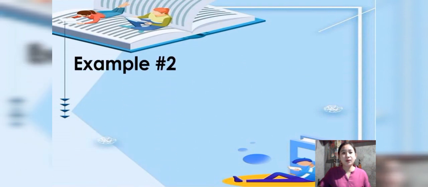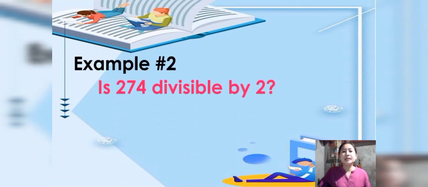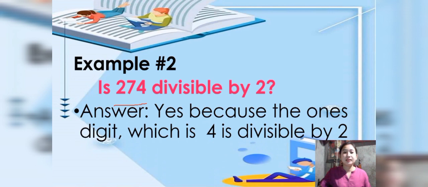Another example, is 274 divisible by 2? The answer is yes, because the ones digit, which is 4, is divisible by 2. This is the digit in the ones place and it is 4, and 4 is divisible by 2.